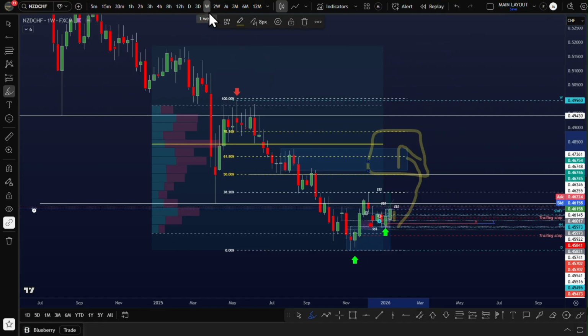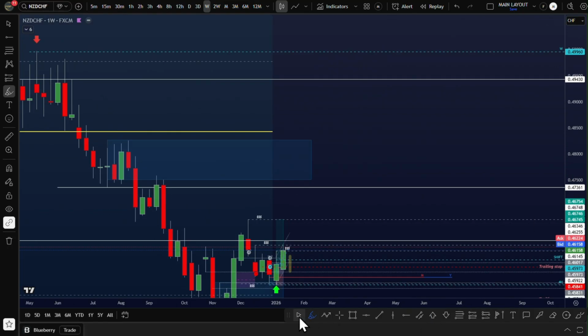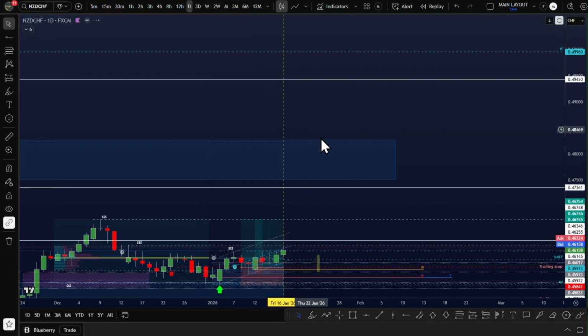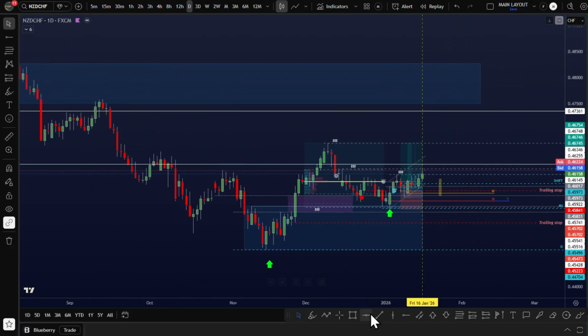Remember we are in weekly time frame, so let's zoom in daily. In daily I marked up my daily order flow. You can see we have a shift of structure on daily order flow.